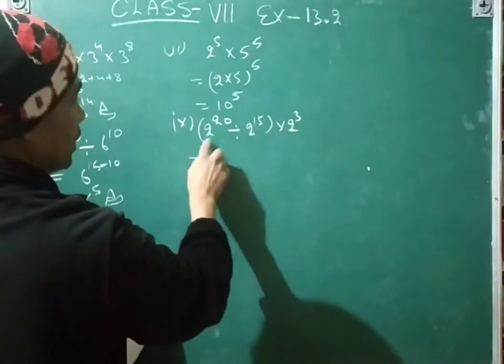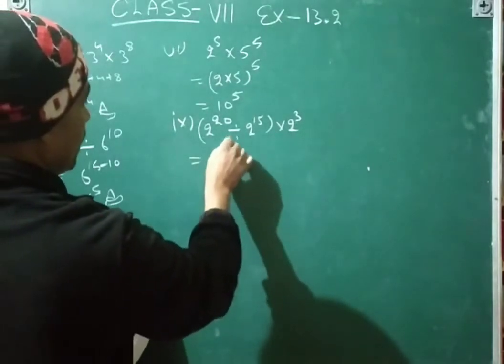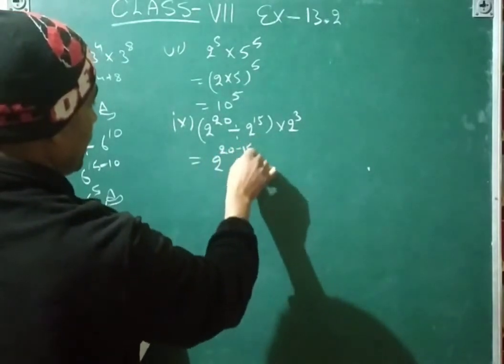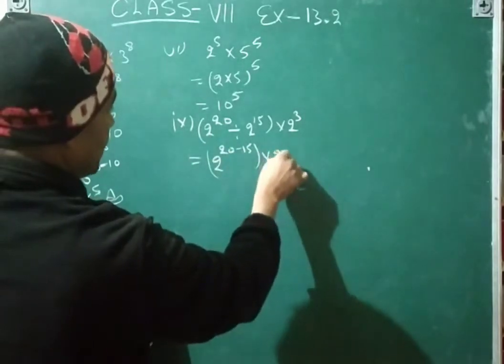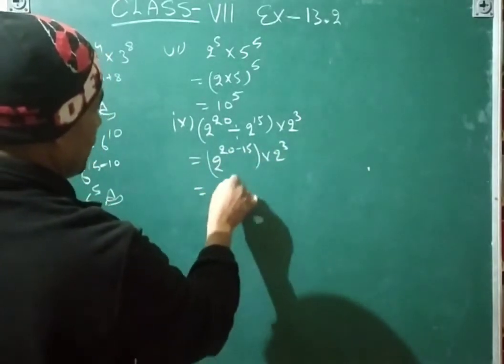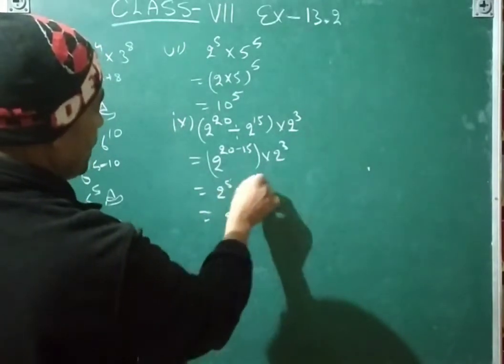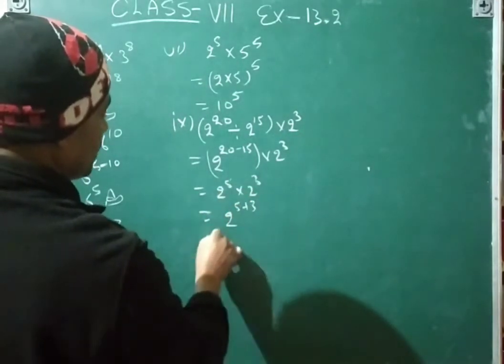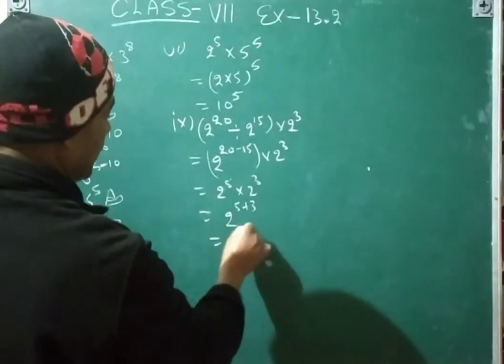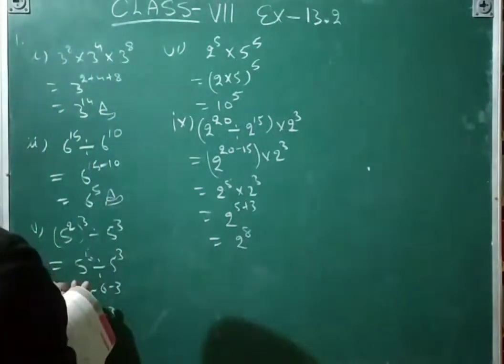First of all we subtract, 2 power 20 minus 15, and then multiply 2 power 3. So 2 power 5 multiply 2 power 3, and then 2 power 5 plus 3 is equal to 2 power 8.